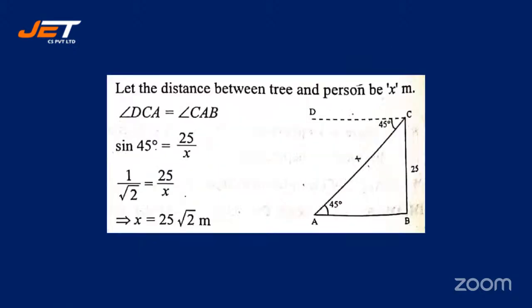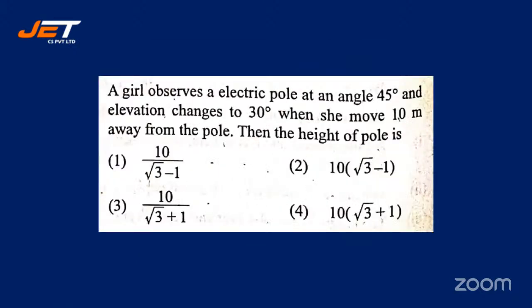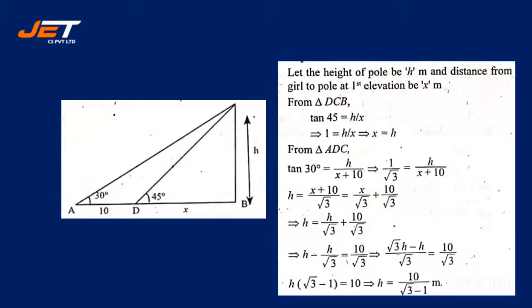Okay. See the next question. A girl observes an electric pole at an angle of 45 degree and elevation changes to 30 degrees. When she moves 10 meter away from the pole, then the height of the pole is dash. Okay. So see here, let the height of the pole be h.